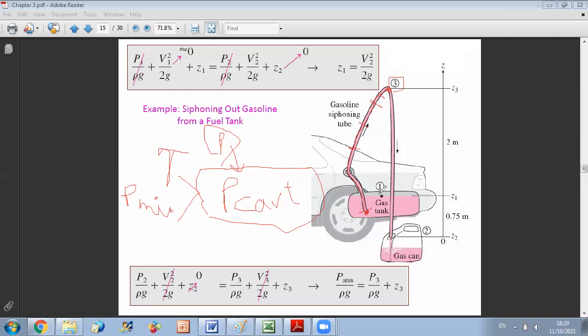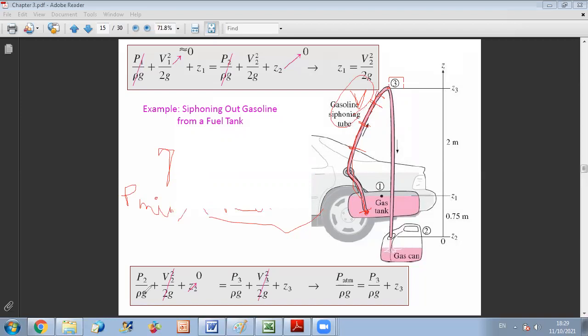This means that the velocity V is the same. So if I consider any cross section, I have the same velocity along the streamline. So if I apply it between any points in the tube, the velocity term will remain the same.